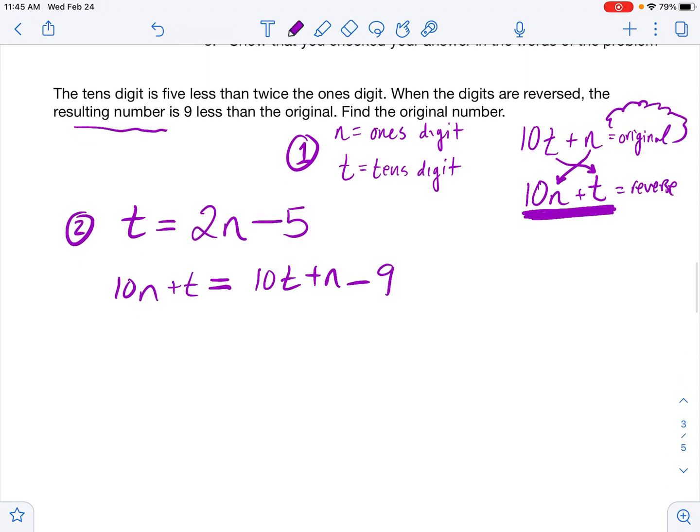So now I'm going to go ahead and solve. First I'm going to simplify and then use substitution. I'm going to just divide by a -9 here and make everything easier.